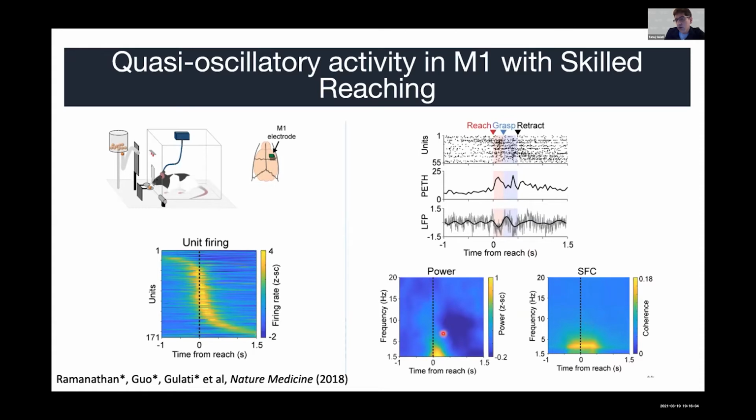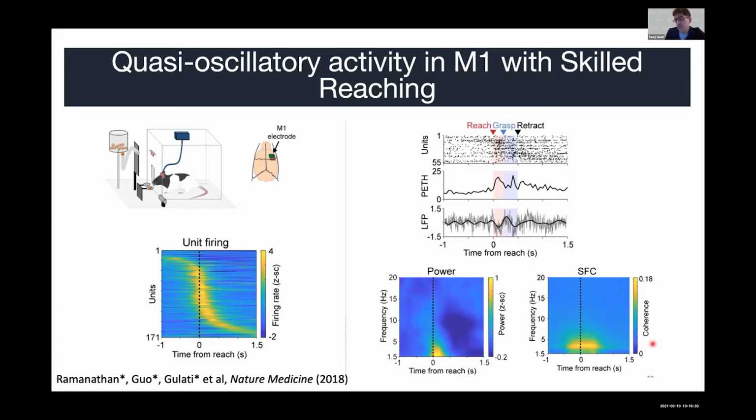And how this LFP is modulating the spiking activity, there are several ways of looking at this, but the analysis we commonly employ to study this is called spike field coherence. It's a multi-taper method, a frequency domain analysis. And here again, we see that the neurons are really getting modulated in this low frequency range by this LFP.